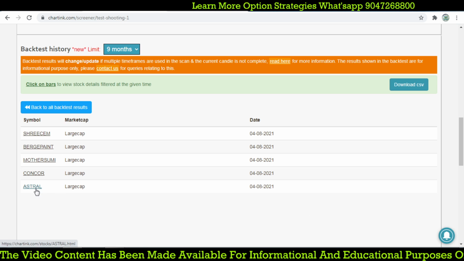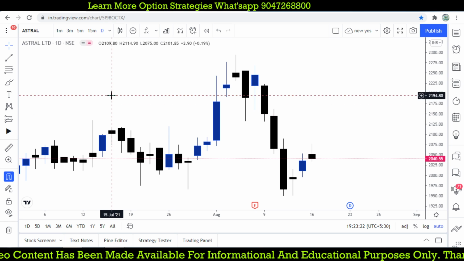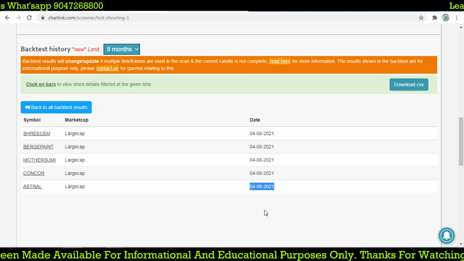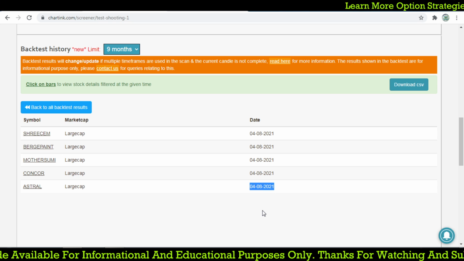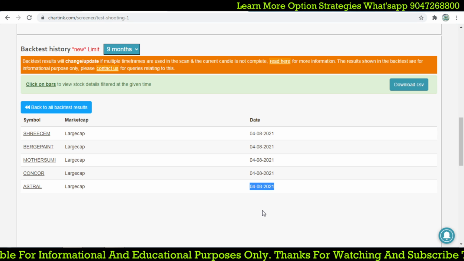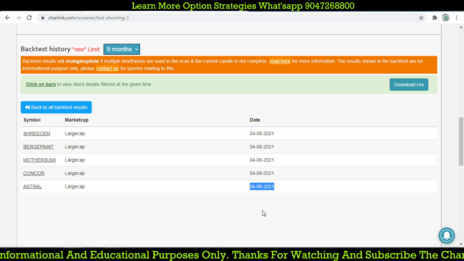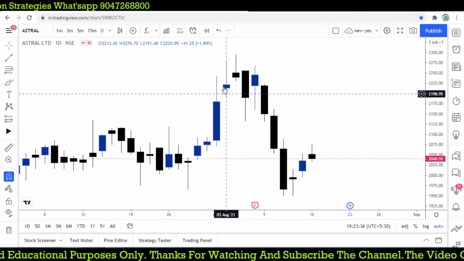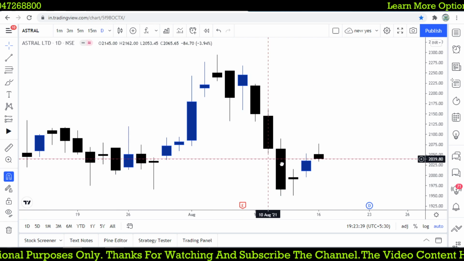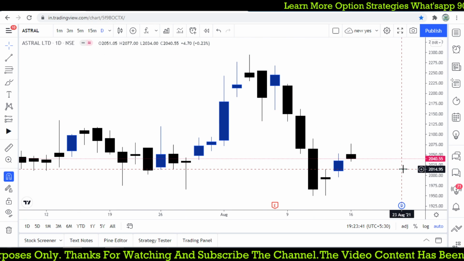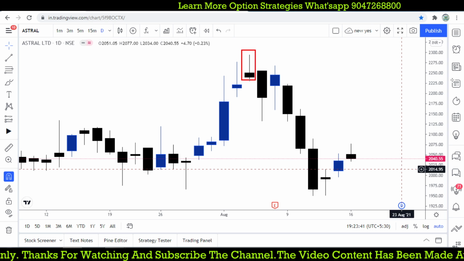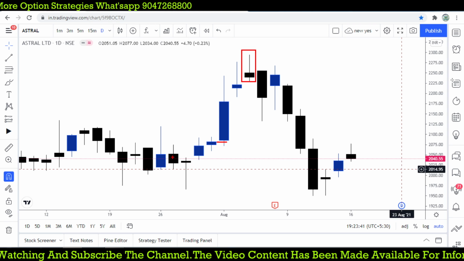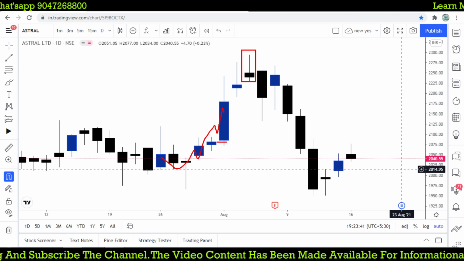The first one, AST RAL. Let's see where we got the candlestick formation on 4/8/2021, that is around 10-12 days back. Here the candlestick is exactly looking like a shooting star at the day high or swing high, where the August month contract started and the market started moving up.